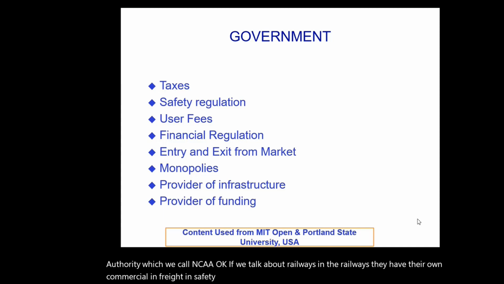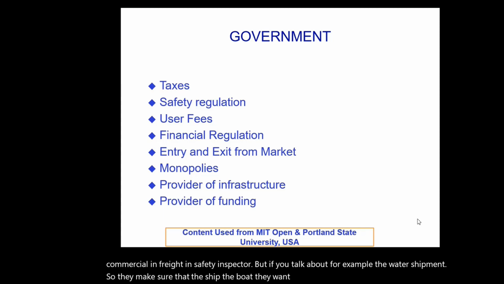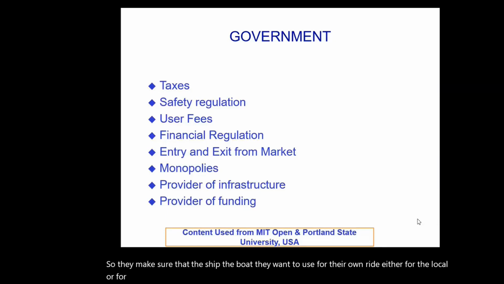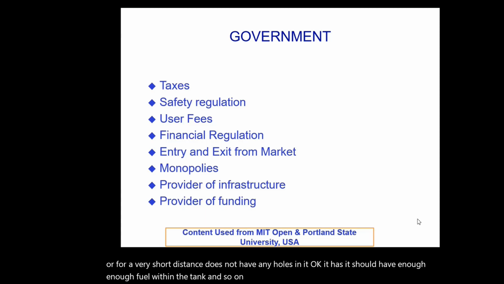But if we talk about, for example, water shipment, they make sure that the ship or the boat they want to use, either for local or for a very short distance, does not have any holes in it. Okay, it should have enough fuel within the tank and so on. So without regulations, we cannot work.